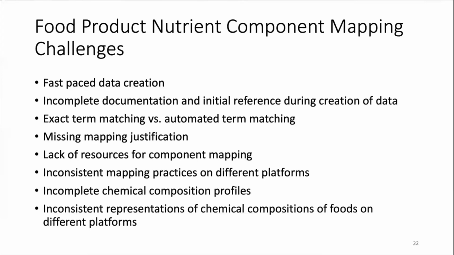Incomplete chemical composition profiles are available on different sites. Sometimes it's because they focus on a set of nutrient components, and other times it's because that data is not available for scraping or production. That then causes inconsistent representations of chemical compositions of foods on different platforms.